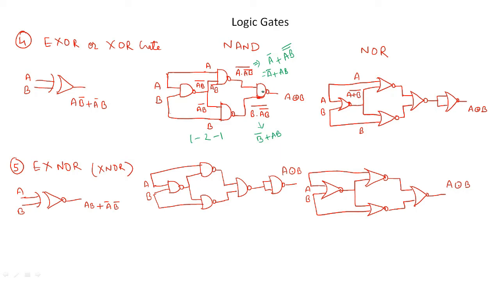Now this NAND gate has two inputs. One is A bar plus AB and the other is B bar plus AB. So after the NAND operation, you will have the output here that will be equal to AB bar plus A bar B. Now we can check how we can have this output. This is your A bar plus AB.